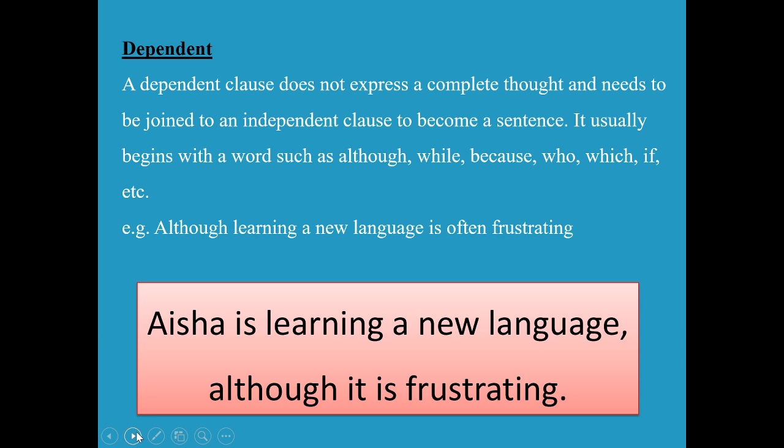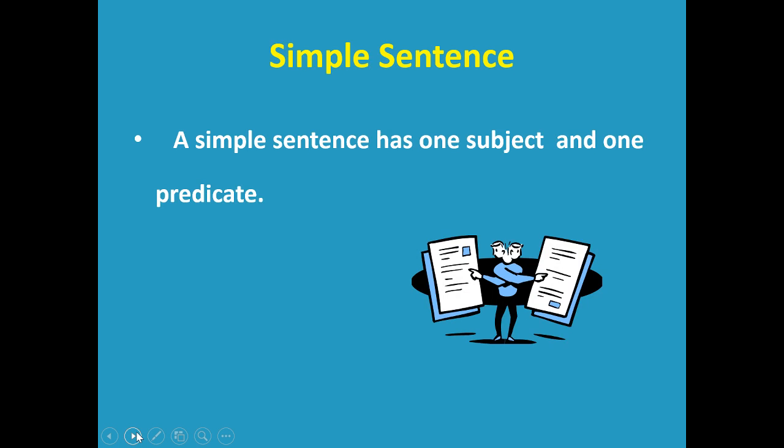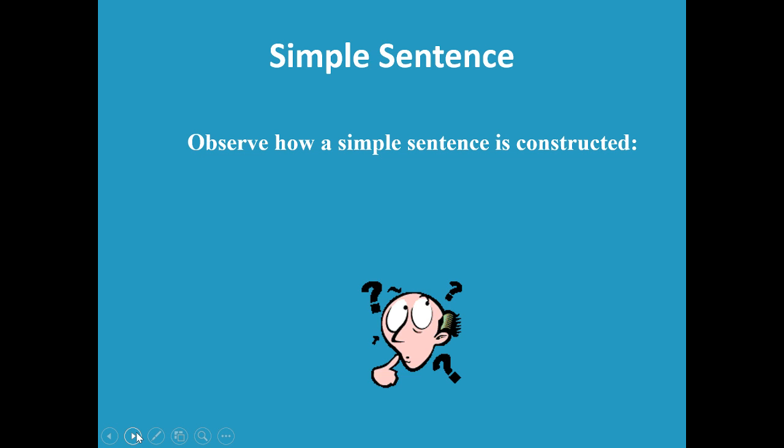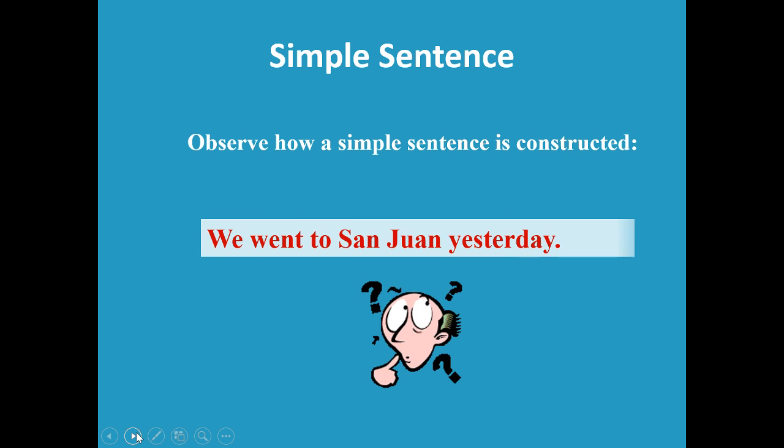Okay, moving on. First is the simple sentence. A simple sentence is simple. A simple sentence has one subject and one predicate. Here, as you can see: we went to San Juan yesterday.